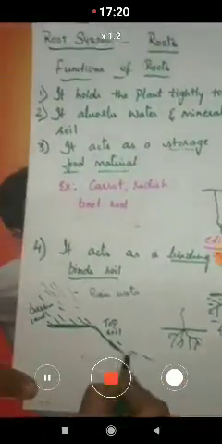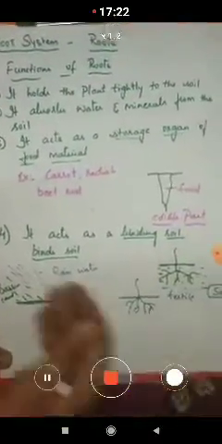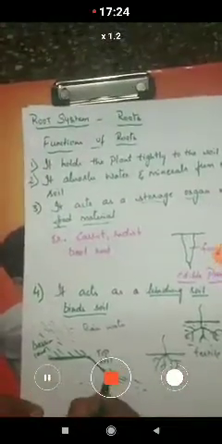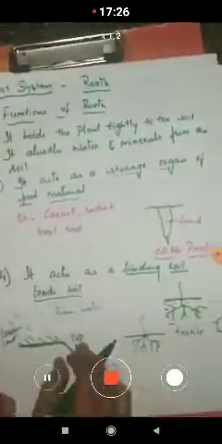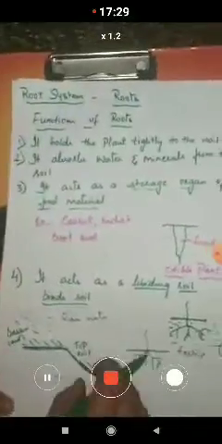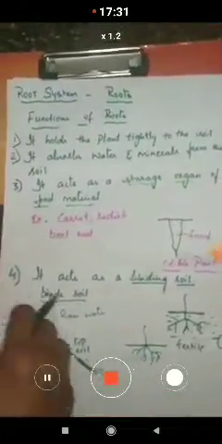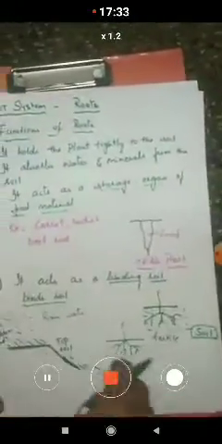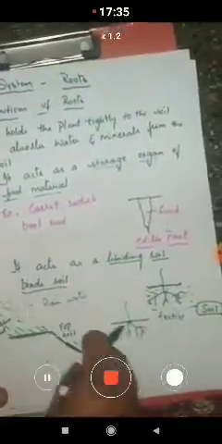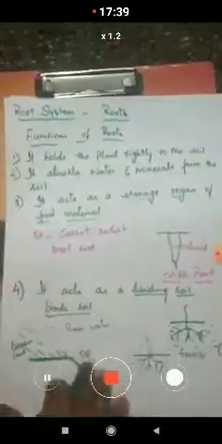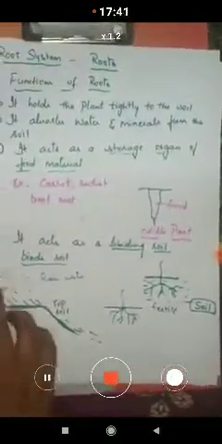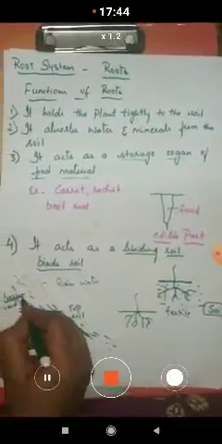As the rainwater is moving, the topsoil also is moving along with it. Year by year, as this goes on happening, it becomes barren land.